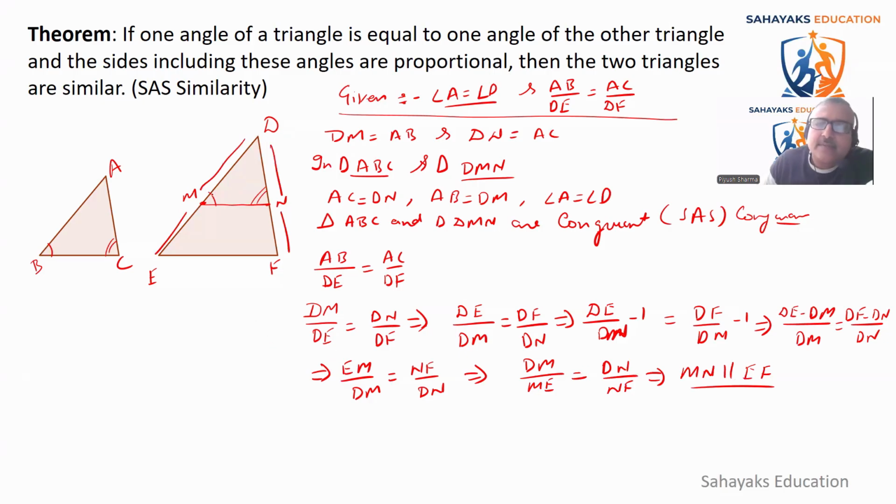It implies that angle E is equal to angle M and angle N is equal to angle F. So this angle is equal to this angle and this angle is equal to this angle.